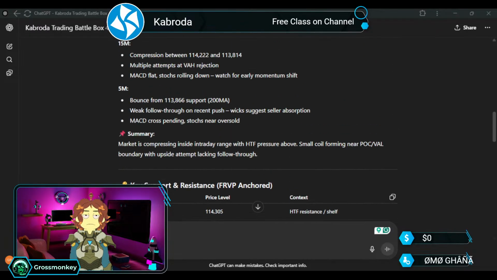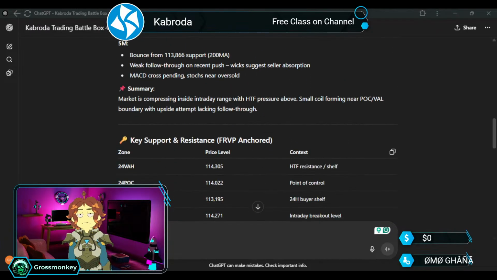Okay, so the summary for the battle box is it's saying market is compressing inside the intraday trading with HTF pressure above, small coil forming under the POC and VAL boundary with upside attempts lacking follow through.